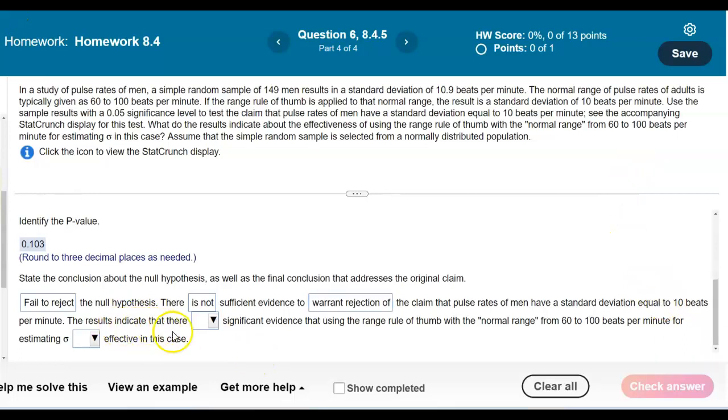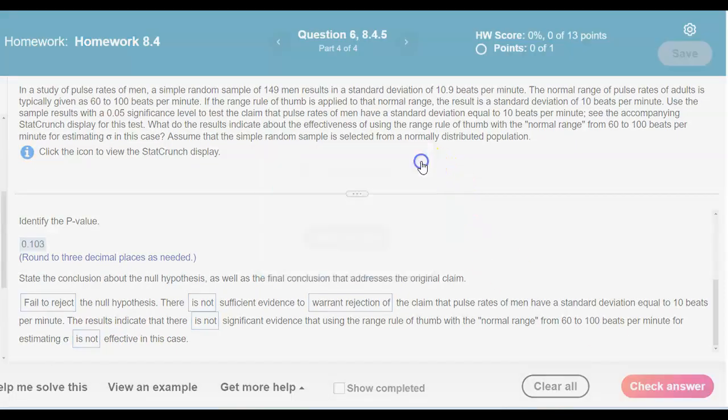And so we would say the results indicate that there is not significant evidence that using the range rule of thumb with the normal range from 60 to 100 beats per minute for estimating a population standard deviation is not effective in this case. Check in our answer, and there is our result.